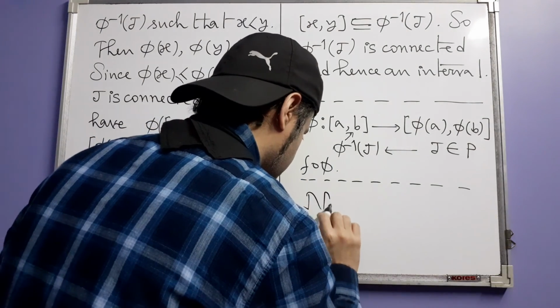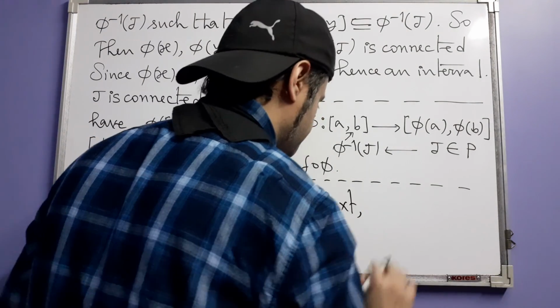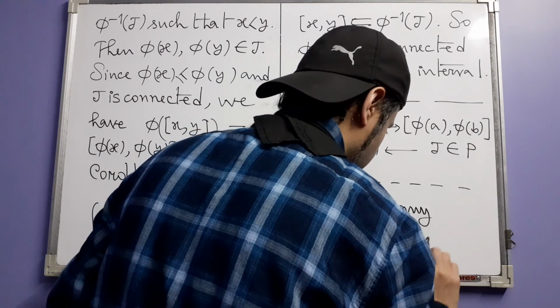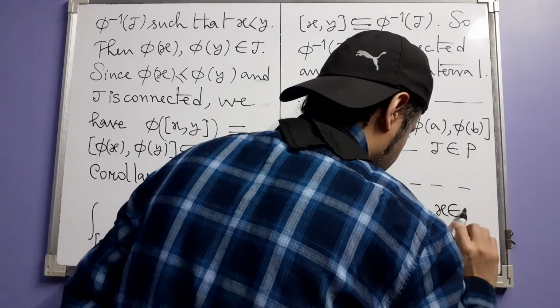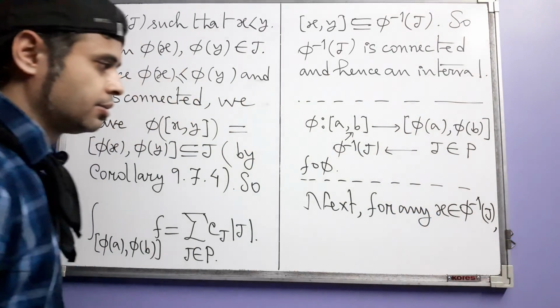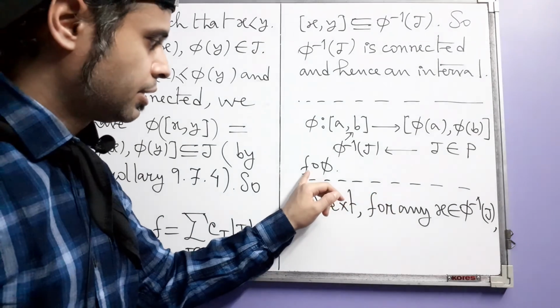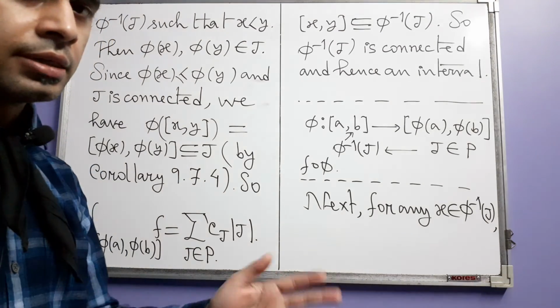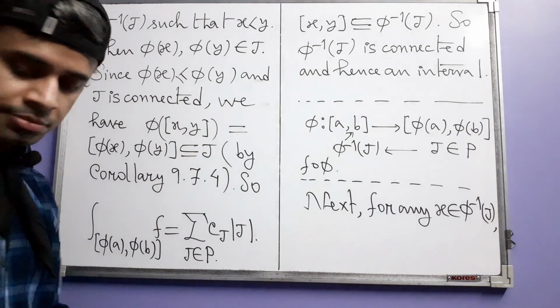Next, for any x belonging to phi inverse of j, we want to show that when evaluated at x, this function becomes constant regardless of what x is.